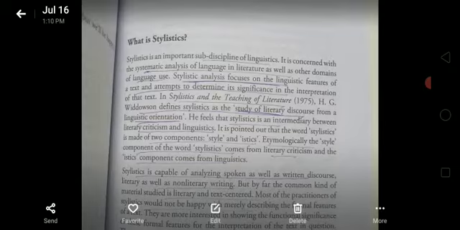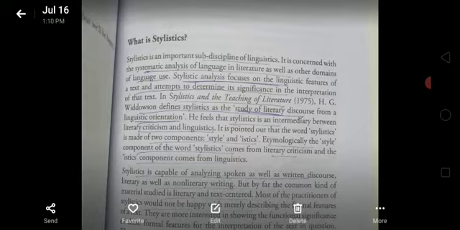It is pointed out that the word stylistics is made of two components, that is, style and istics.